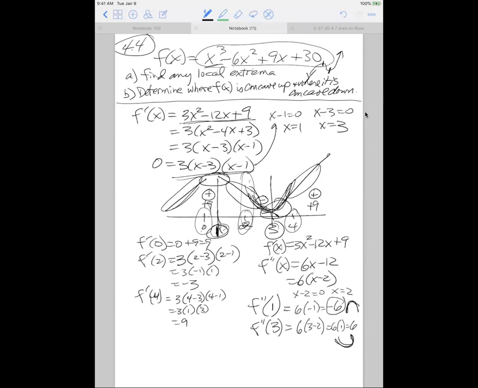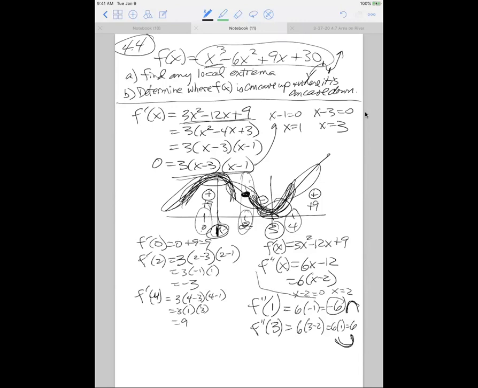So we end up with a graph that looks like concave down at x equals 1, and concave up at x equals 3. And so you get the general idea of what the graph looks like. At the point right here at x equals 2, the halfway point in between, we get 0 there.